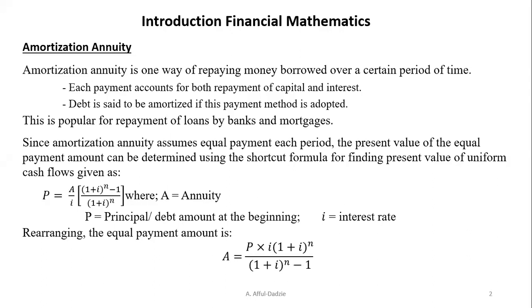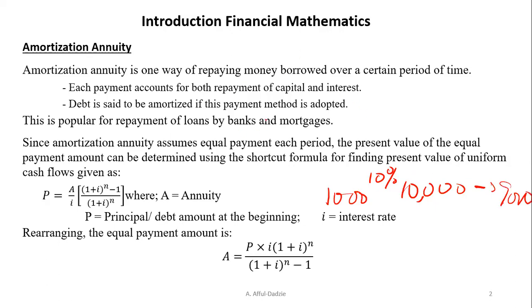Let's say you have borrowed 10,000 cedis. And let's say at the end of the period, you pay 1,000 cedis, but the interest is 10%. What I'm trying to put across is that your 1,000 cedis doesn't go against the 10,000 immediately, such that you say, I have paid and I am left with 9,000 cedis.